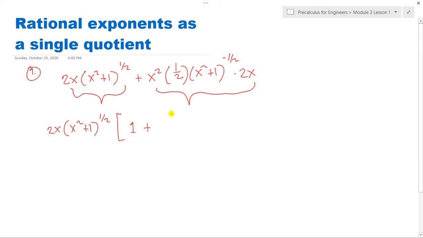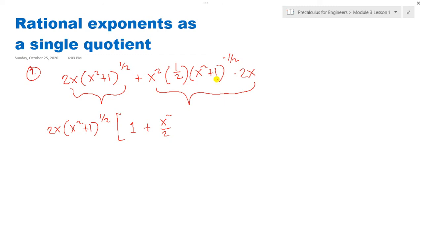How about in the second term? We don't have 2x anymore because it was factored out. What's left is x squared over 2 because x squared times 1/2 is x squared over 2. So we have x squared over 2. How about this x squared plus 1 raised to negative 1/2? Since we factored out, the operation is multiplication, subtraction.